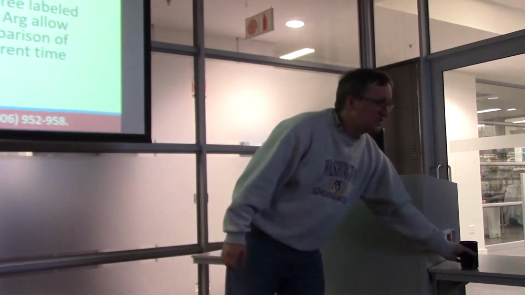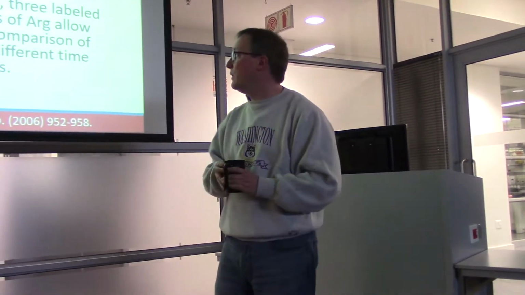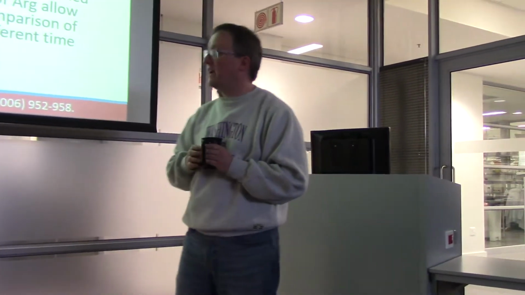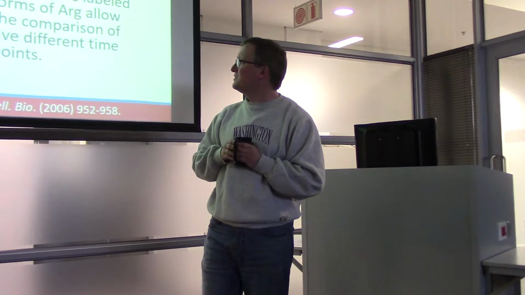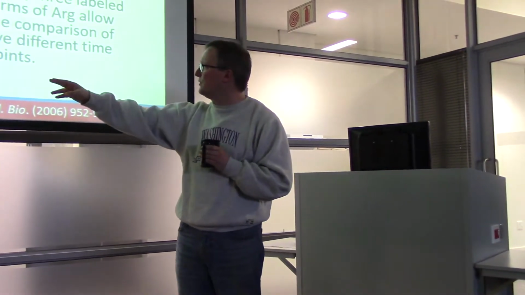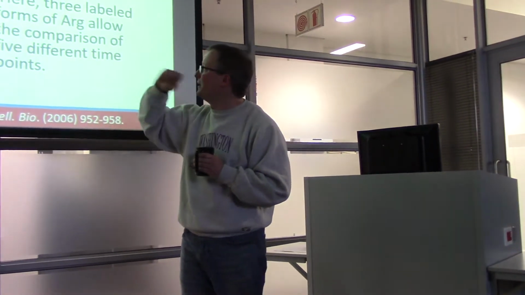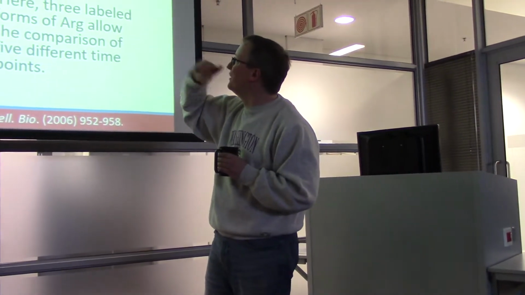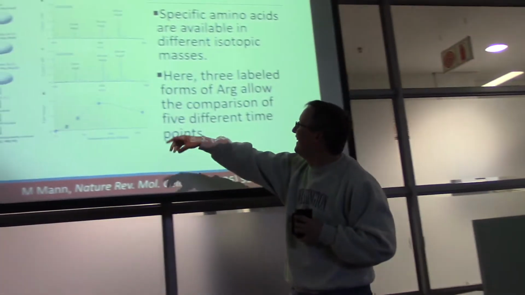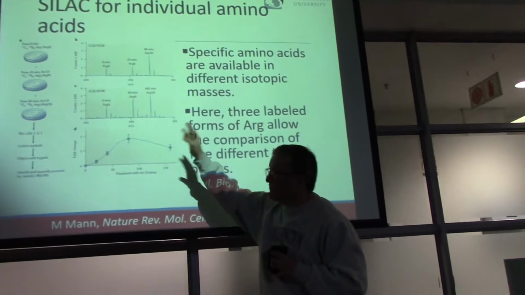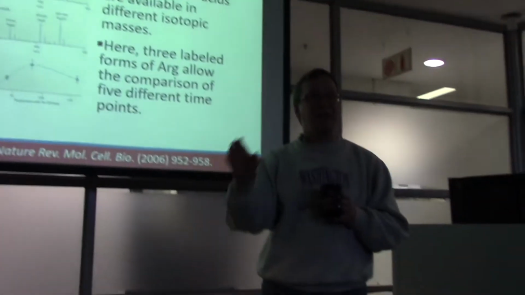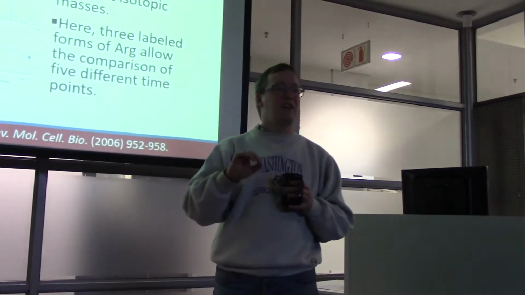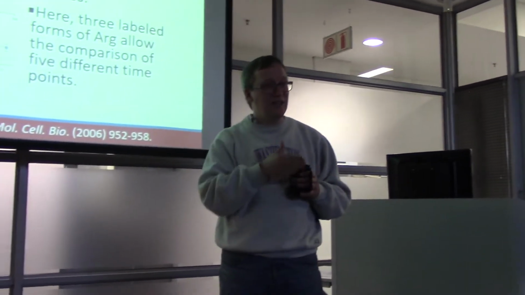Now, people have used this SILAC approach, one where we label with particular amino acids, to do things like time points. We have different kinds of labels available to us for arginines and for lysines. So it's not just a simple split between heavy and light.